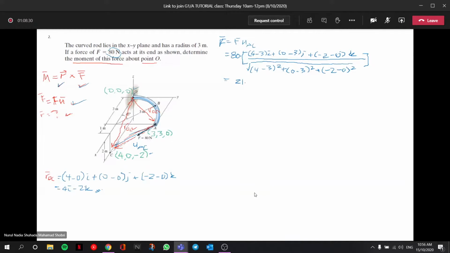If you solve this, you would get the value of the f vector. Up until this point, do you follow?